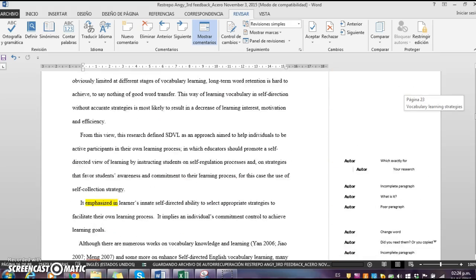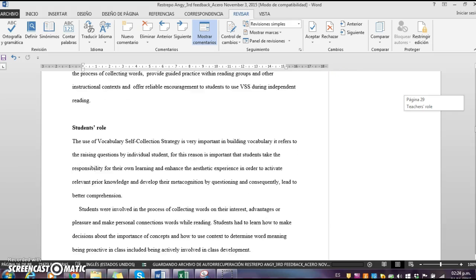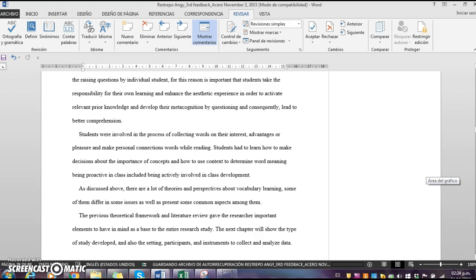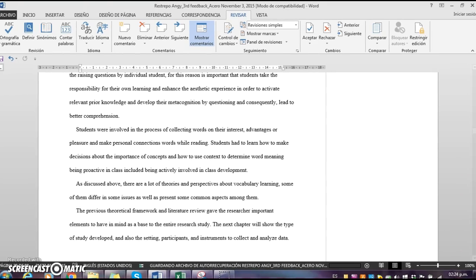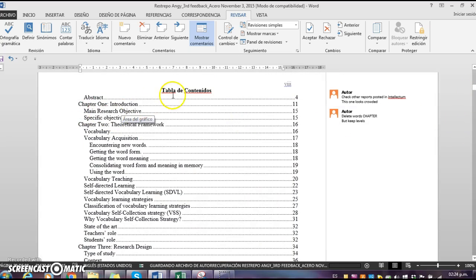I would encourage you to outline your whole text beforehand, so you can see which are the sections and if those sections correspond to what you want to say. The way to outline it is by following your table of contents.